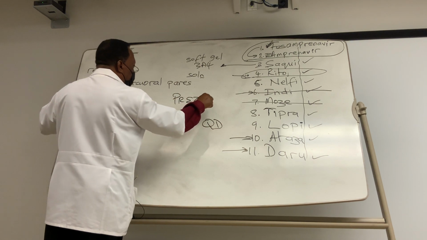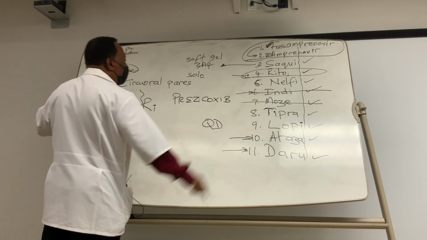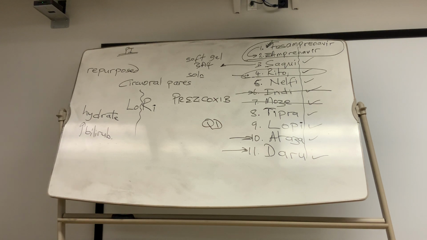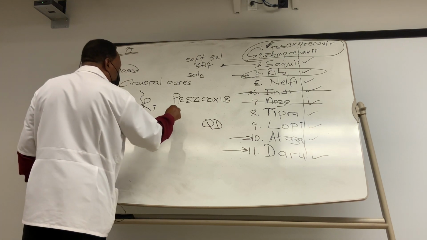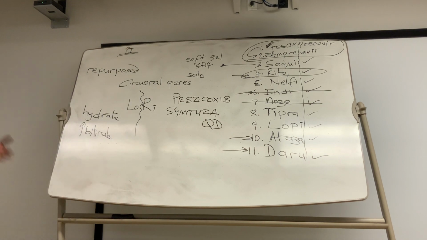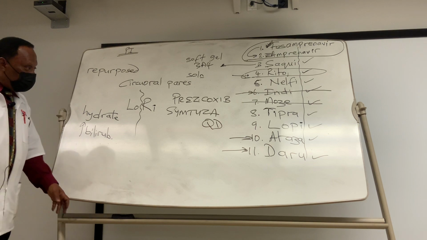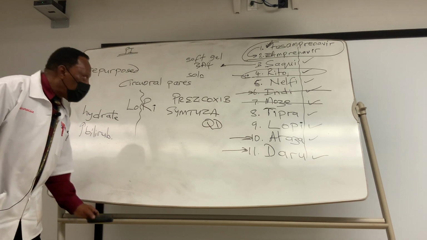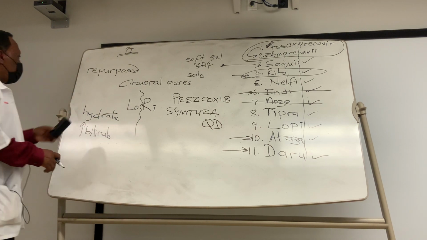You can see it as Prezcobix. Okay. And if you combine Prezcobix with M10, then you get Symtuza. Okay. As you'll see in that handout. So darunavir is very, very effective and is being used today.